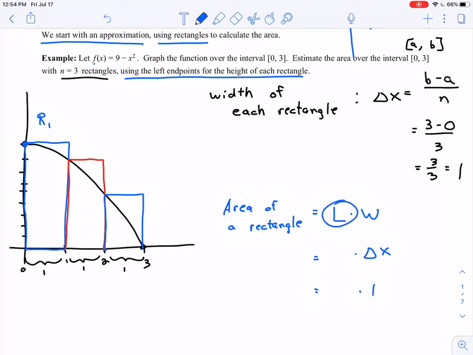The length, or the height, is how tall each one of these rectangles is, and that is determined by our function. Remember that this black function that I've drawn in right here is f of x. This function is f of x equals 9 minus x squared.